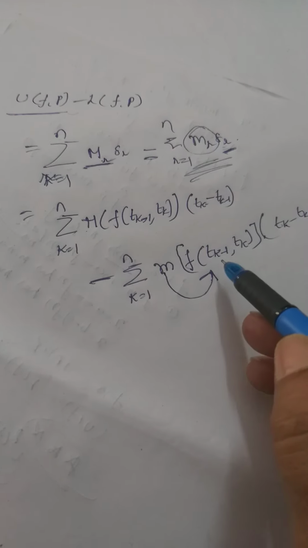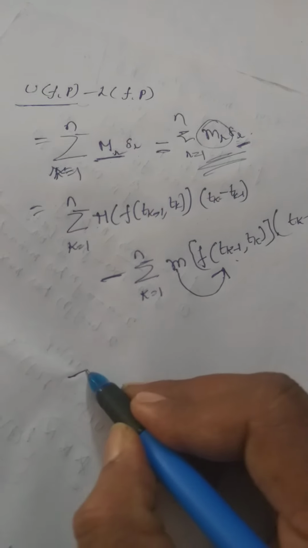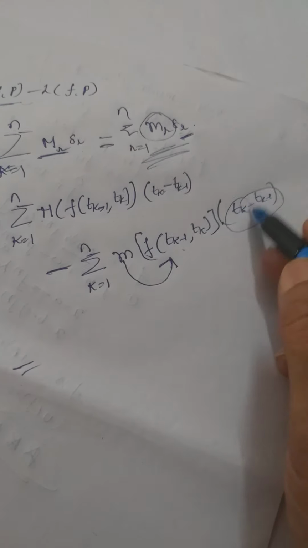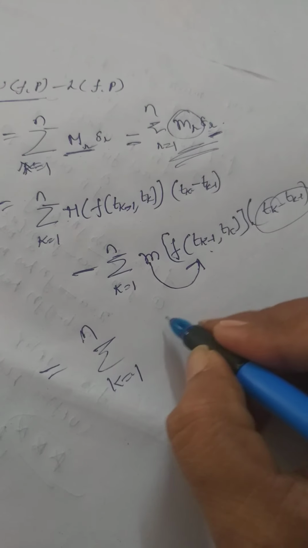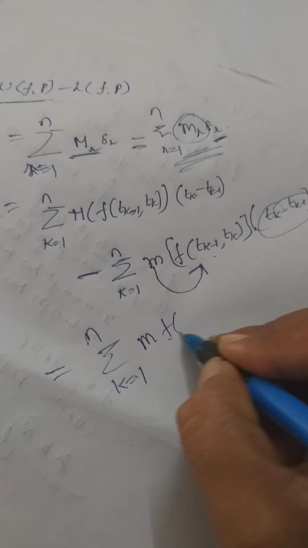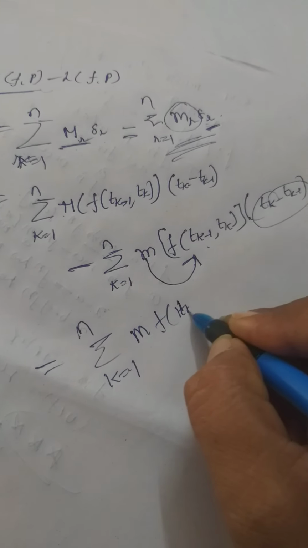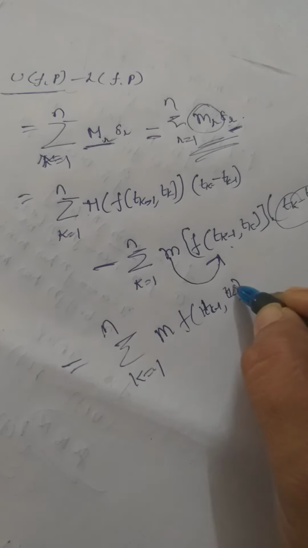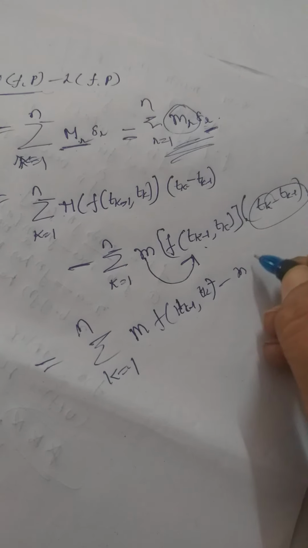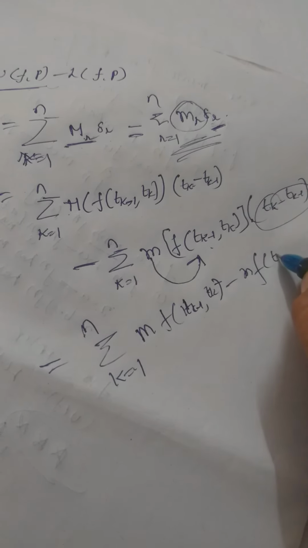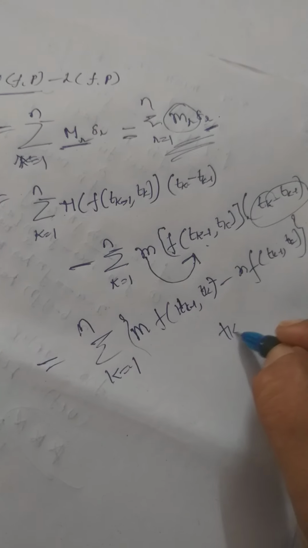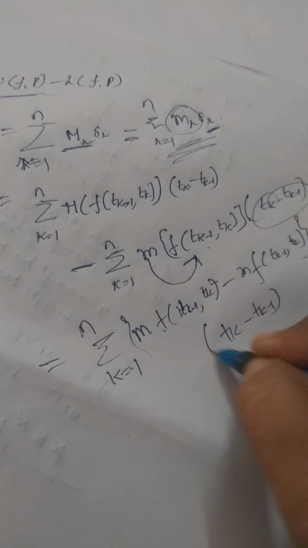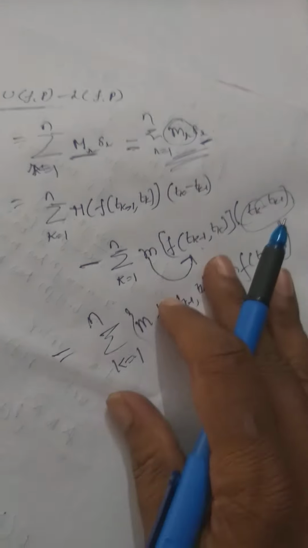This is the upper Riemann sum minus the lower Riemann sum. In the summation we can take the common factor out. What do we get? Summation k running from 1 to n of capital M of f on [t_(k-1), t_k] minus small m of f on [t_(k-1), t_k], whole thing into t_k minus t_(k-1). I am taking this length as a common element.